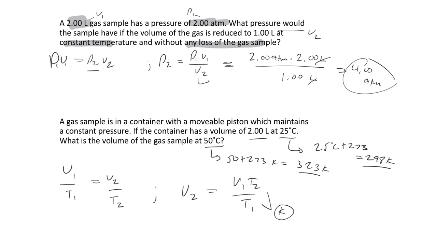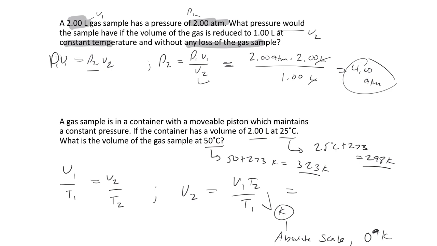But more commonly, we're going to use Kelvin here, where the lowest temperature is 0 Kelvin. We don't use degrees, but 0 Kelvin is the lowest possible temperature of any substance. So that's why we're converting into Kelvin here.